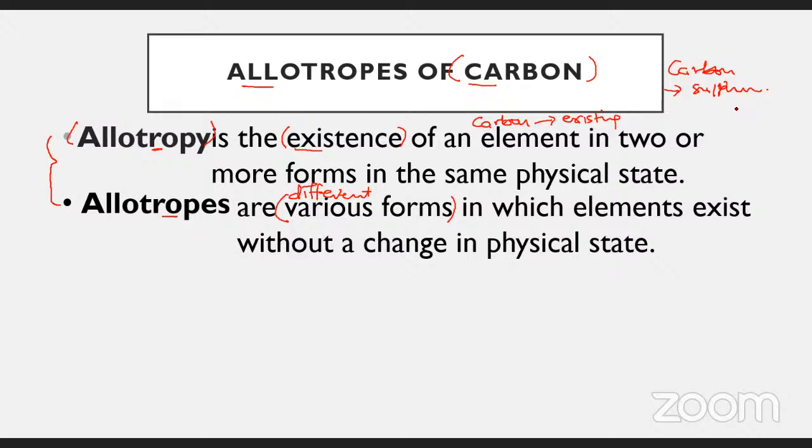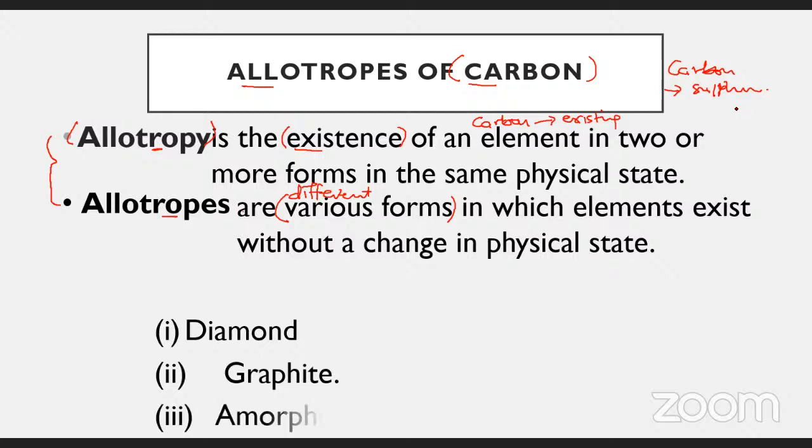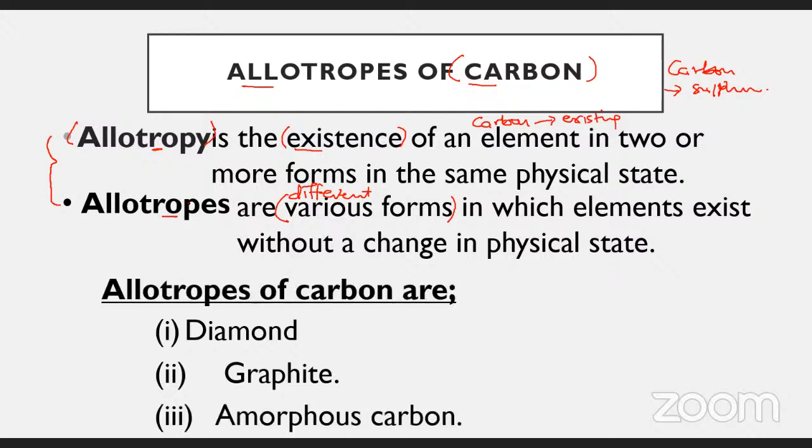Then from there, let's look at the allotropes of carbon. We have three: diamond, graphite, and amorphous carbon.